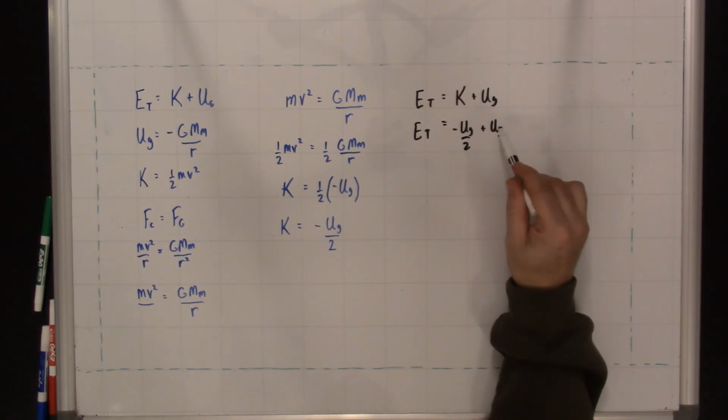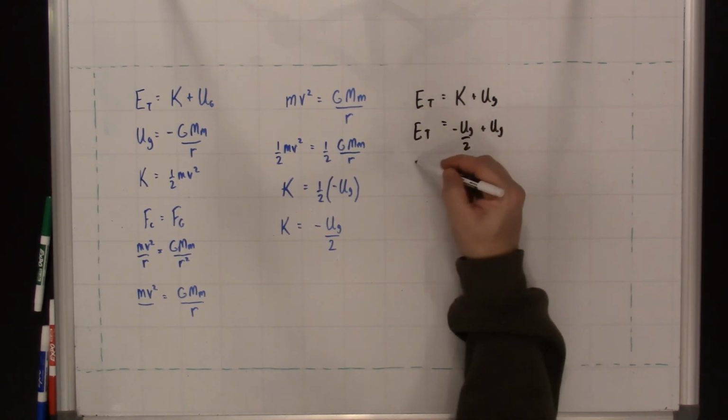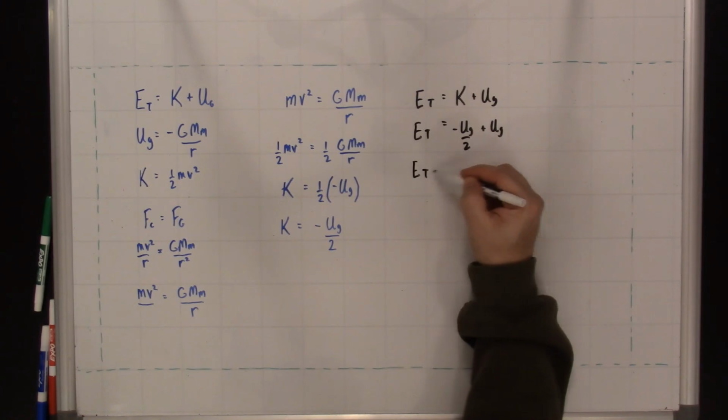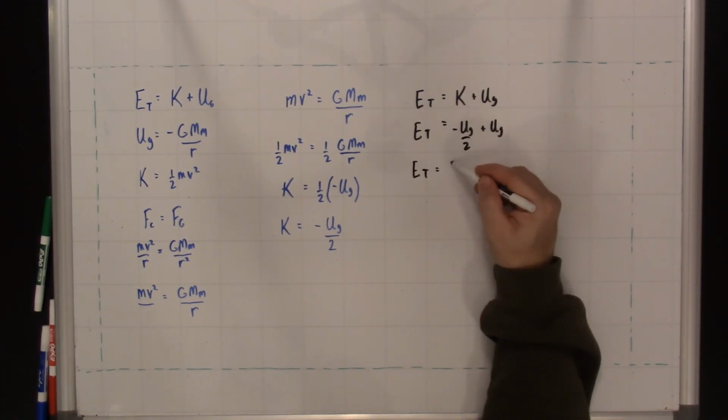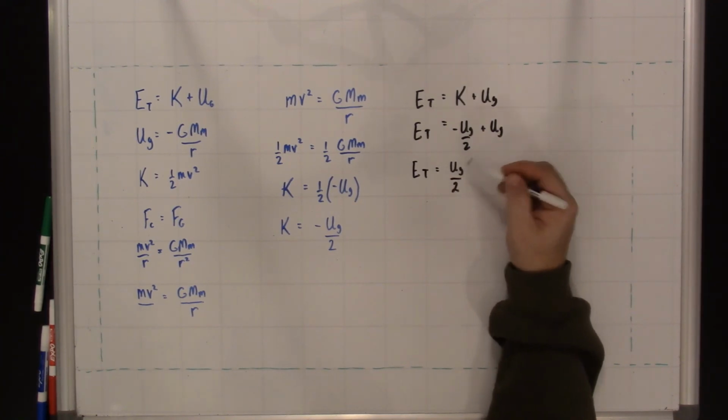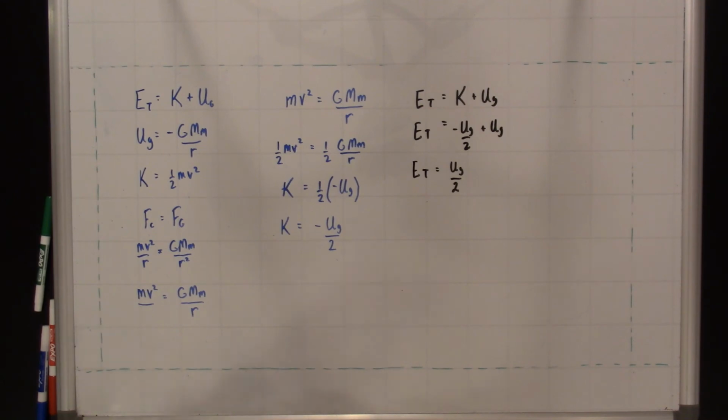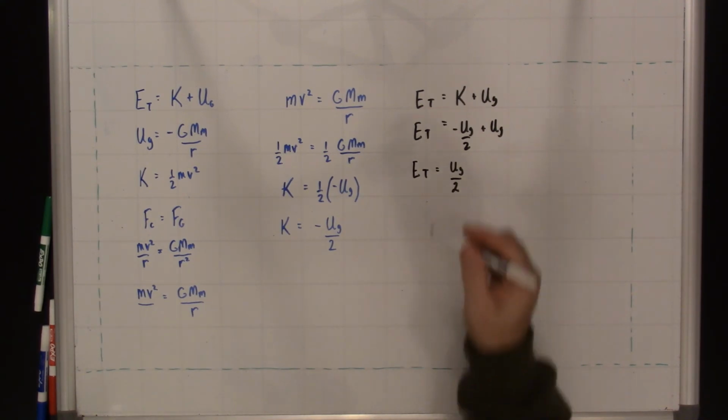Well, this is a full U, this is negative 1/2, and so if I add those together, the total mechanical energy is equal to half the gravitational potential energy, which is crazy to me.